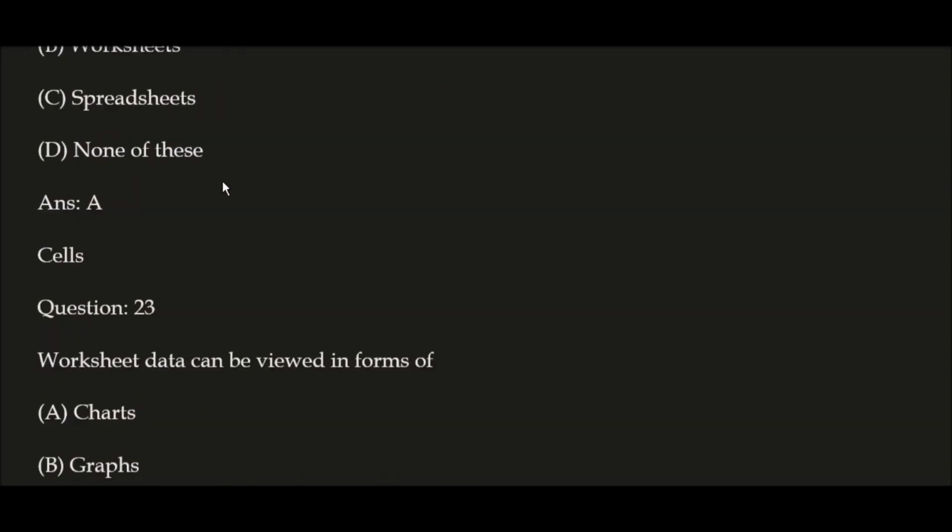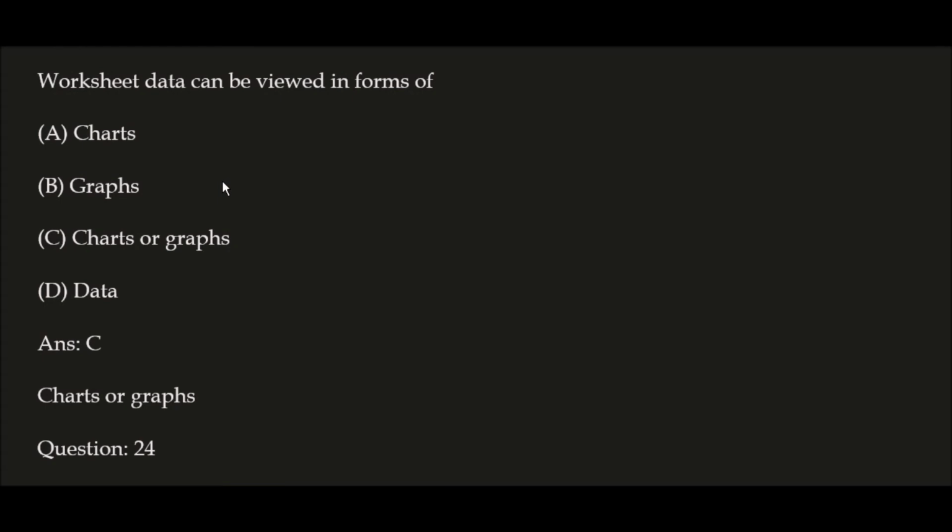Okay. Next question. Worksheet data can be viewed in forms of option A charts, option B graphs, option C charts or graphs, option D data. Correct answer here is option C charts or graphs. Okay. Worksheet data can be viewed in forms of maybe in charts, maybe in graphs. Okay, it's up to you according to user.